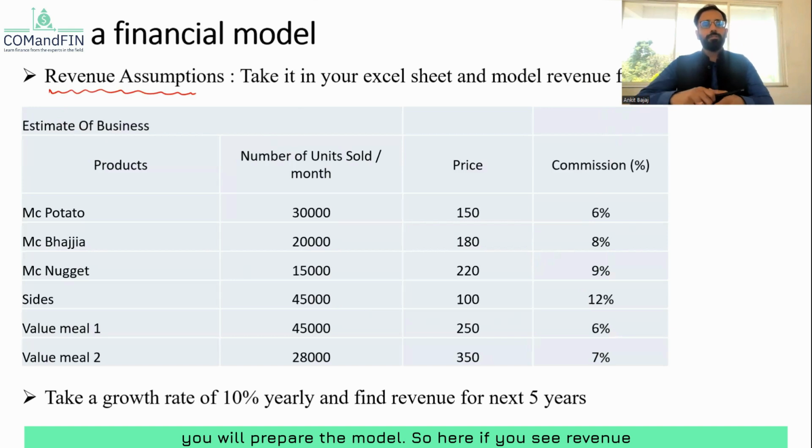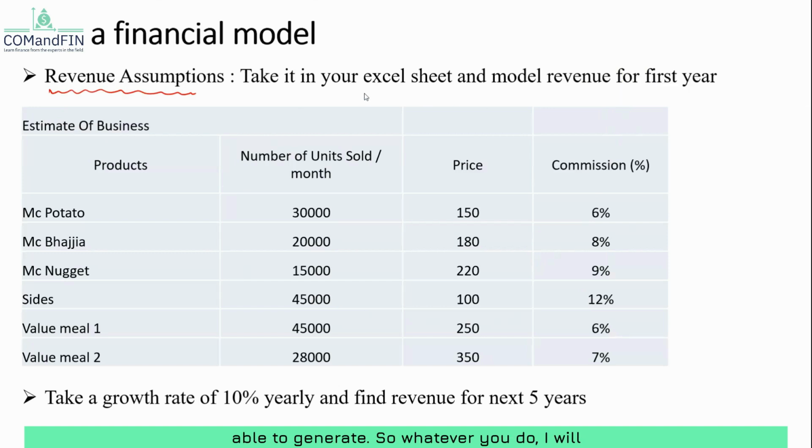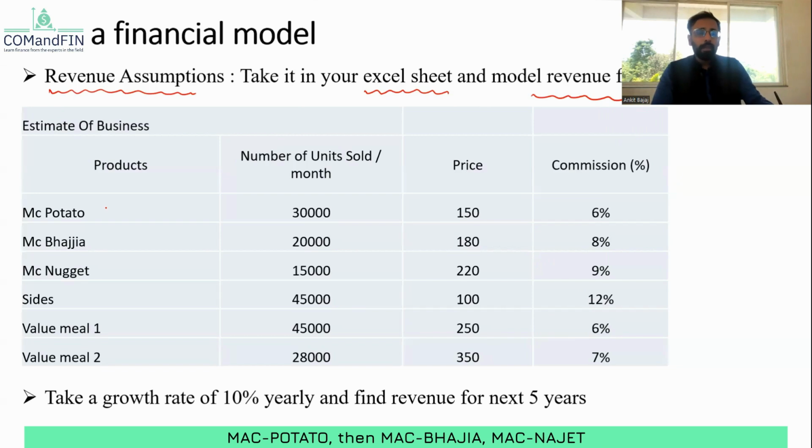Here, revenue assumption is given, an estimate of the business, that is, how much revenue the business will be able to generate. So I will take these values into the Excel sheet, and we will try to model the revenue for the first year. Here you can see various information is given: Mac potato, Mac bhajia, Mac nugget, fries, value meal 1 and value meal 2.